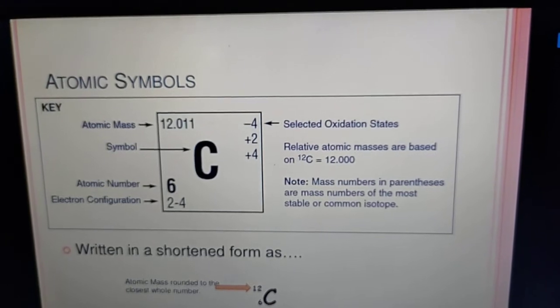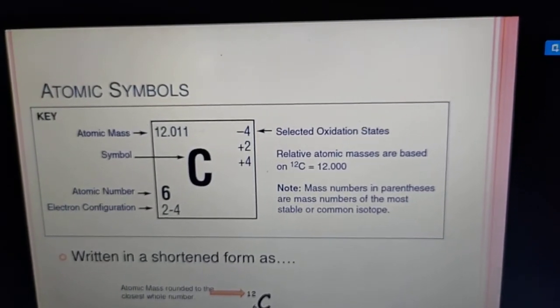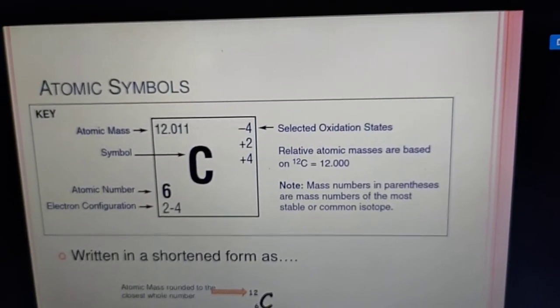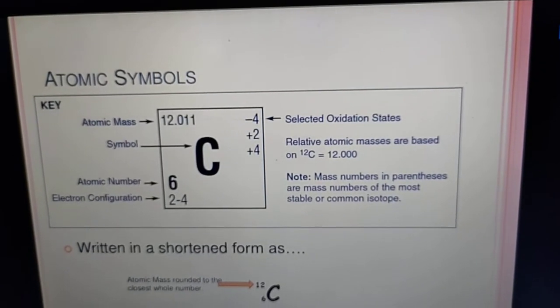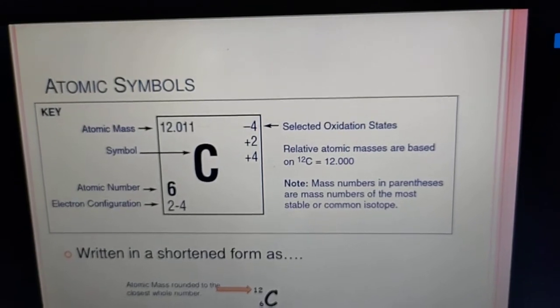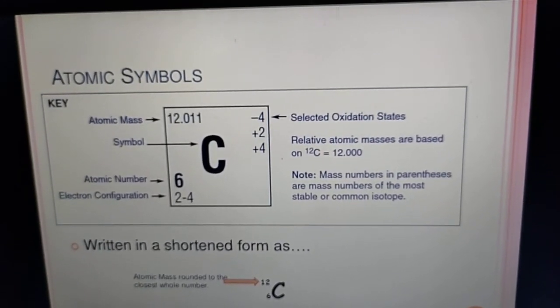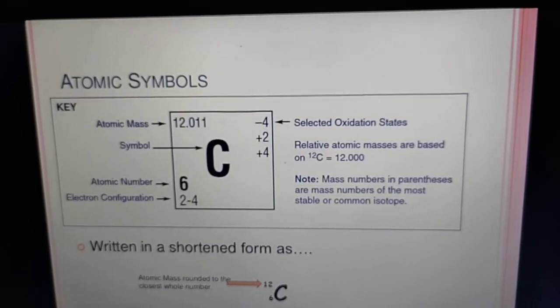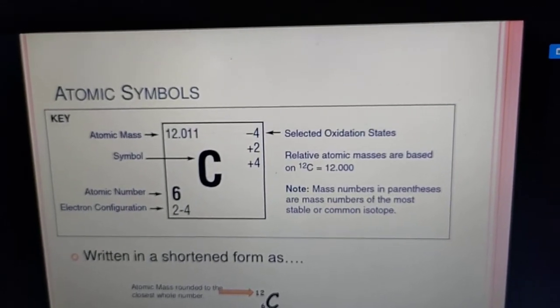In the fourth point, the mass of oxygen contains 1 Avogadro number, that is 6.022 into 10 to the power 23. You will learn about this Avogadro number in higher classes also.